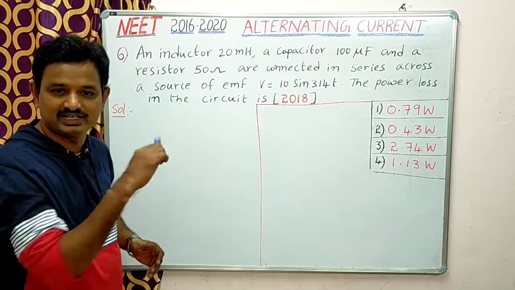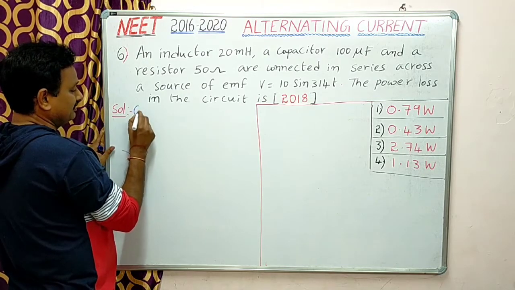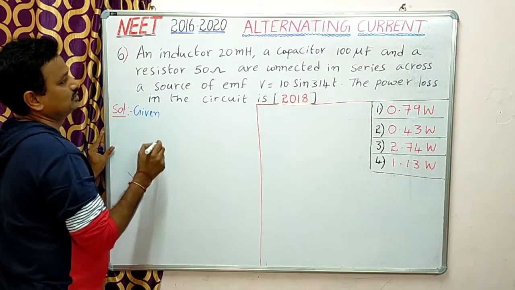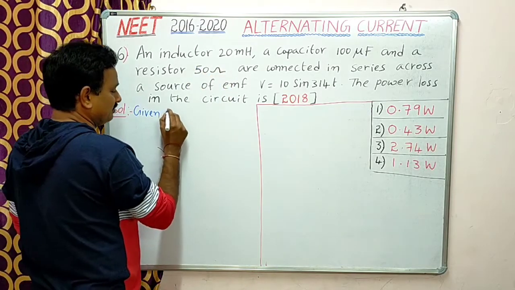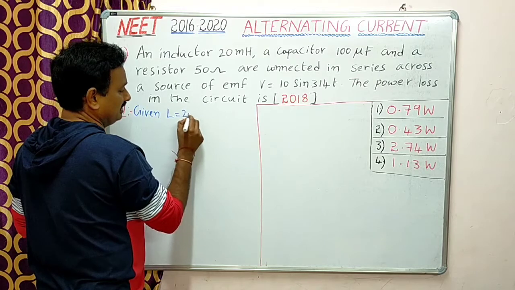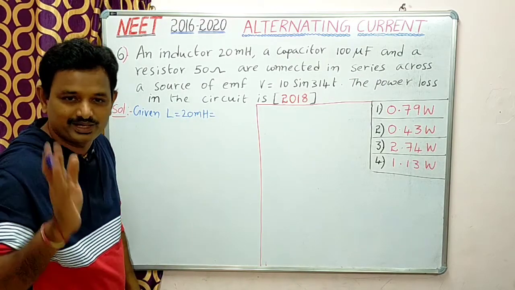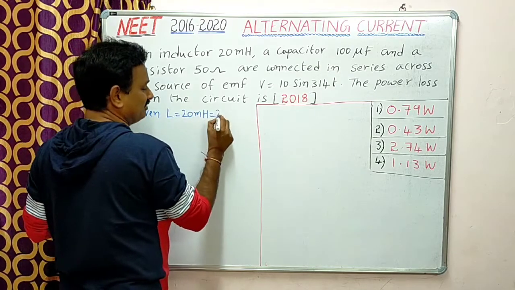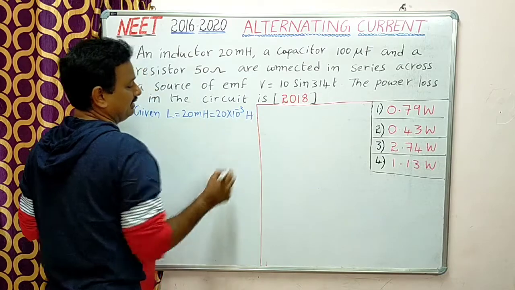First we will write the given data. Given inductor 20 millihenry. L is equal to 20 millihenry. Milli means 10 power minus 3. So I will write 20 into 10 power minus 3 Henry.